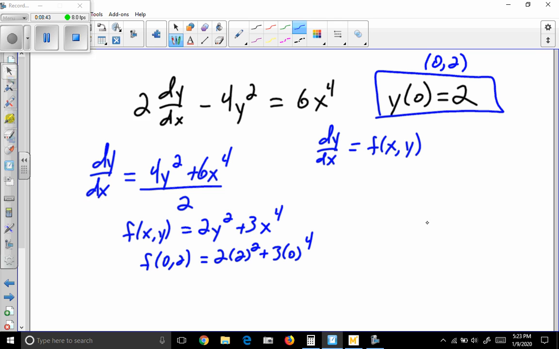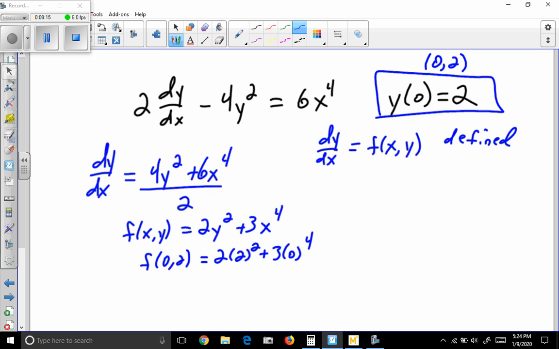So it meets the first criterion that f of x, y is defined. And not only is it defined, notice if we were to pick x values to the left or to the right of 0, that would not change the fact that this is still going to be defined in any interval containing x equals 0.